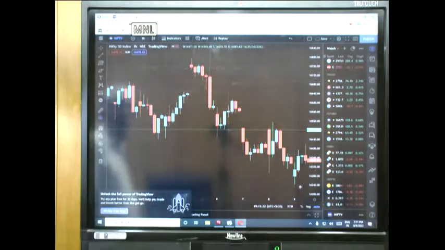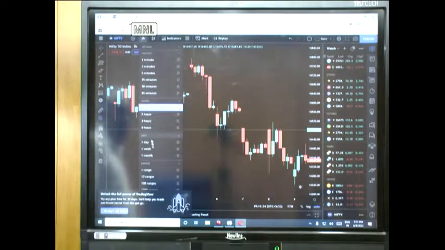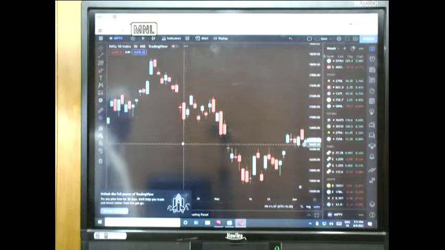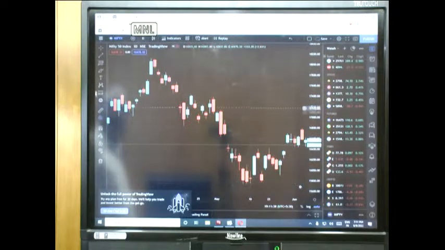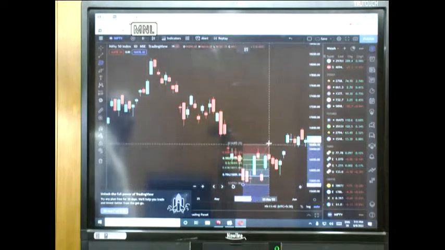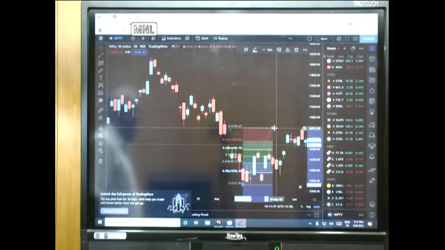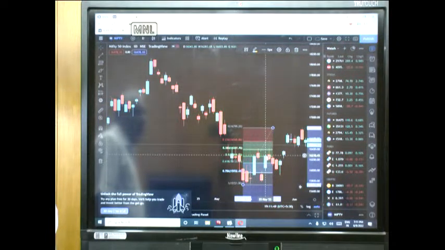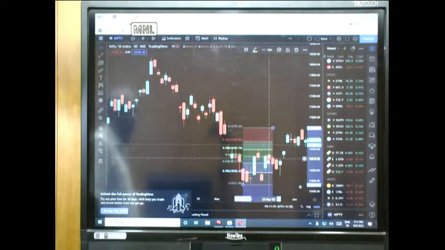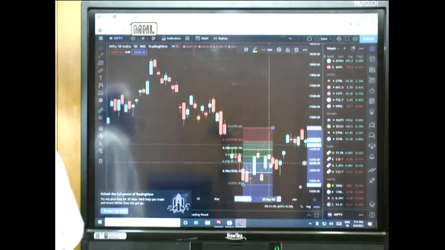So the big bottom that we saw recently was the 15,000. This place. So let's draw the Fibonacci from this to this top. We have the 16,260 is the 50% retracement which came today, and 61.8% if you see 16,133.